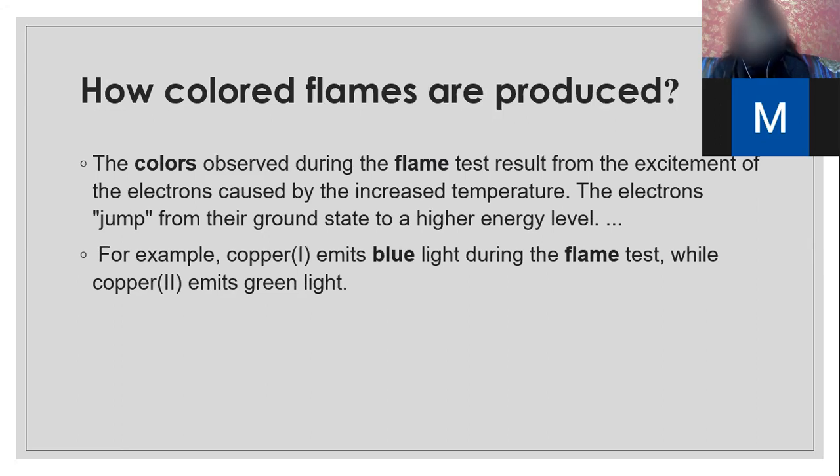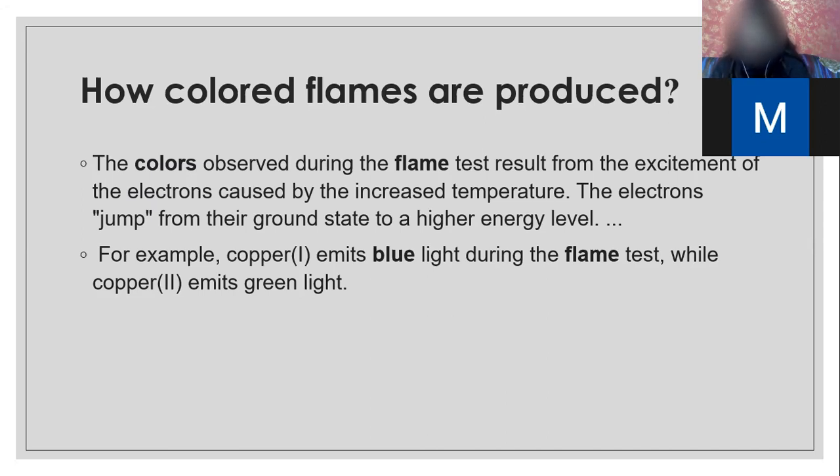We give them energy in the form of increased temperature, and this causes the electrons to be excited. In this way, the atoms go from their ground state to a higher energy level, and in this way, colored flames are produced. I will tell you more about this later.